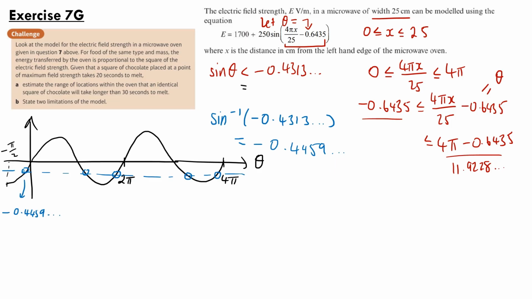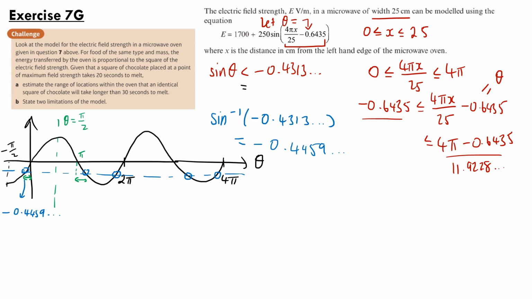Then we can use the symmetry of the graph to find the next one. If you spot that this distance here from the first solution to the y-axis is going to be the same as the distance from pi over here to the next solution, because of the symmetry about pi over 2. Or in this case, it's theta equals pi over 2.